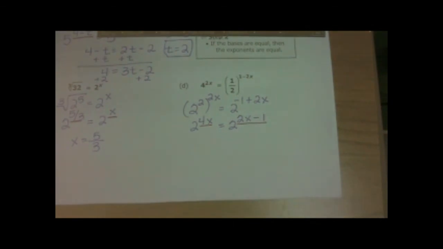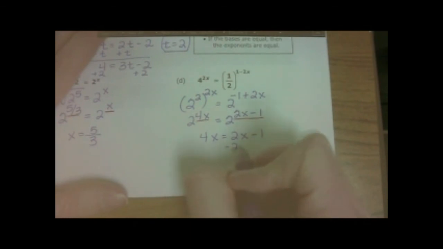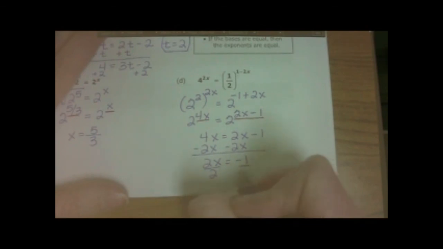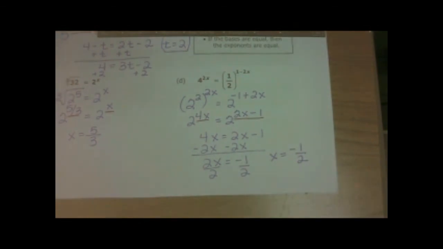So 4x and 2x minus 1 have to be equal. So set 4x equal to 2x minus 1, and we solve. Subtract 2x on both sides. And I have 2x equals -1. Divide both sides by 2, and that gives me x equals -1/2.